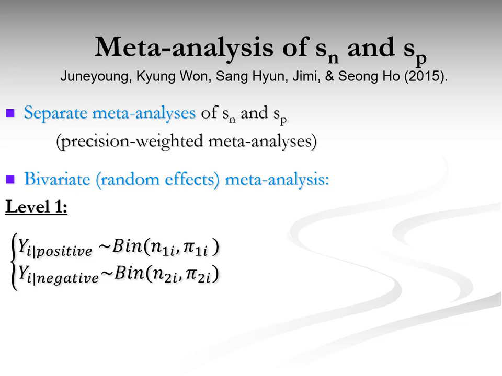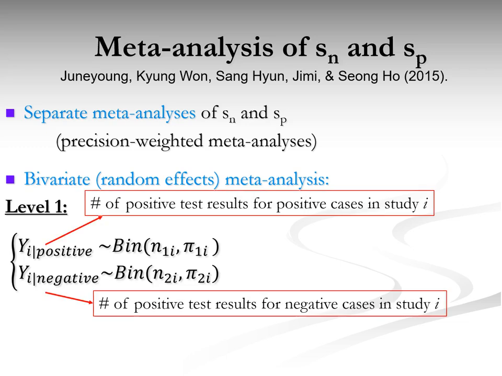So how does it work? Well, we say that the number of positive test results for positive cases in study i and the number of positive test results for negative cases in study i, these two numbers follow binomial distributions.